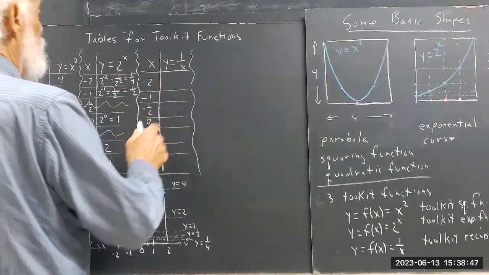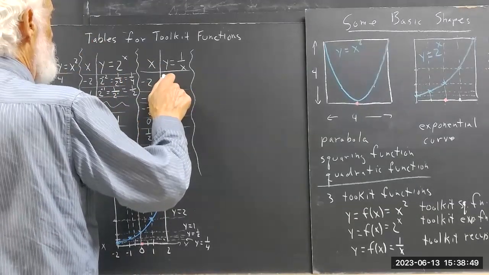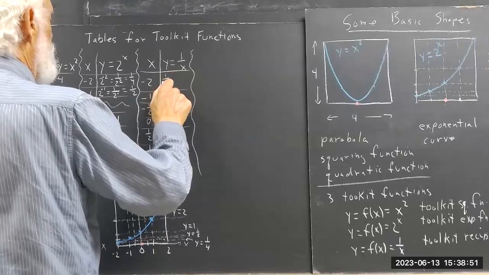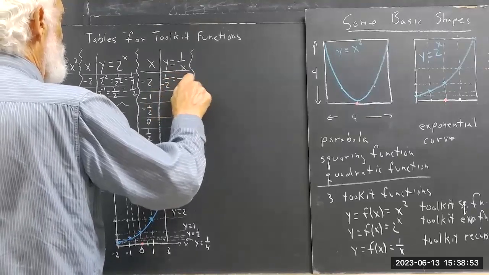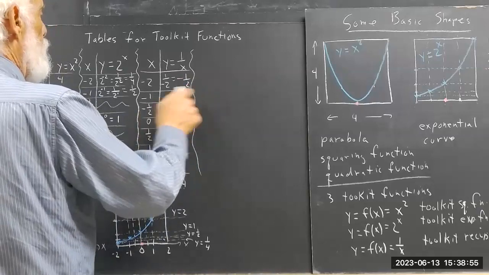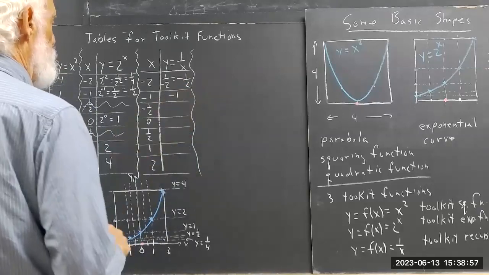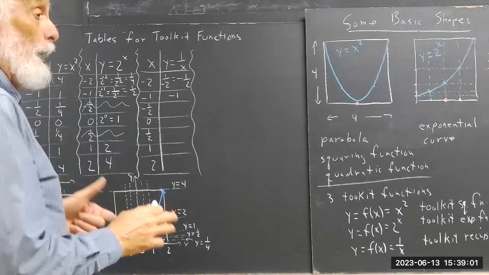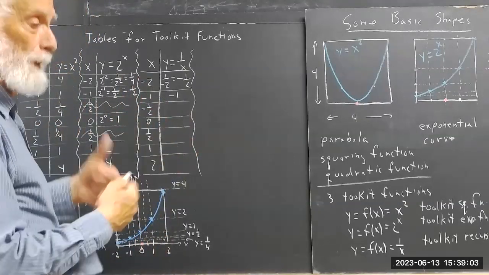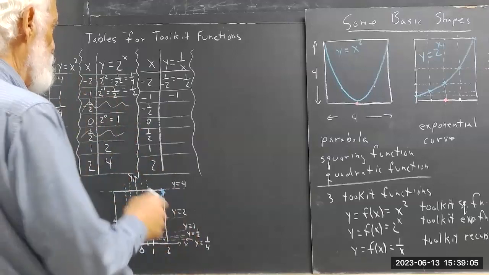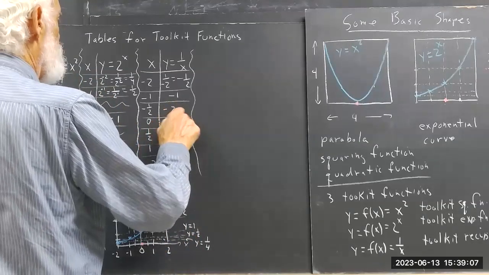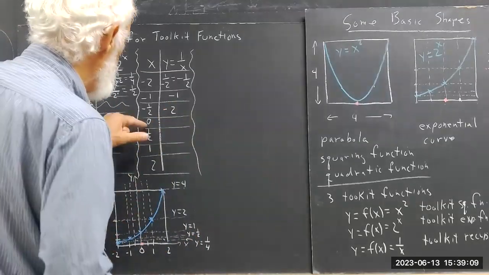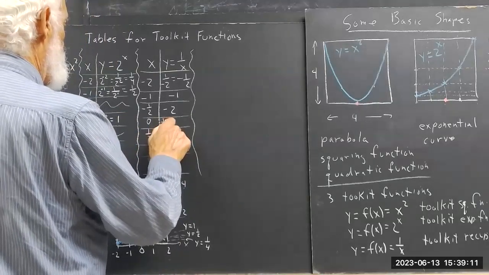And well, 1 over -2 is -1/2. 1 over -1, well, actually it's -1. 1 over -1/2 is 1 times -2/1. Division by fractions is multiplication by the reciprocal. So we get -2. 1 over 0.